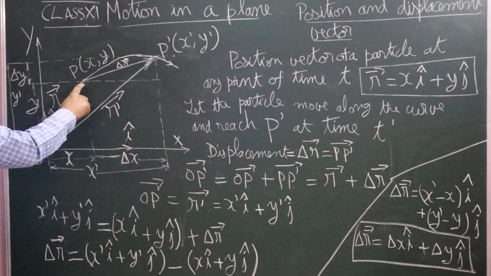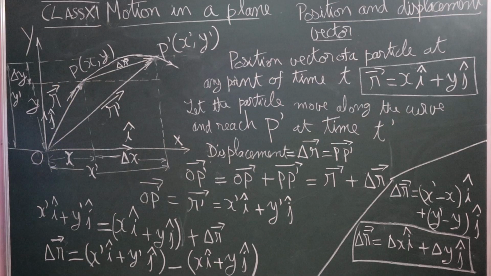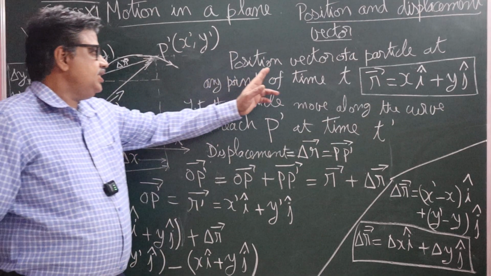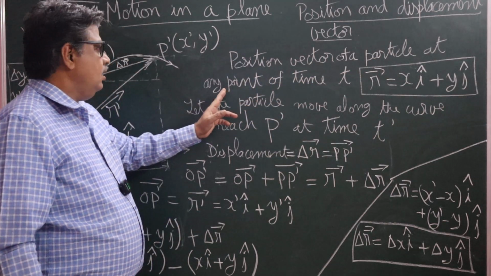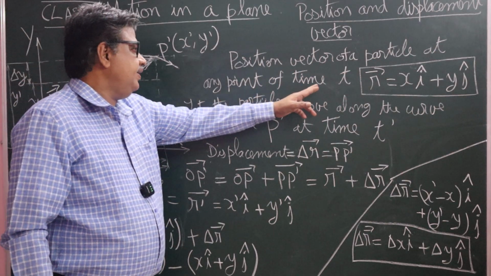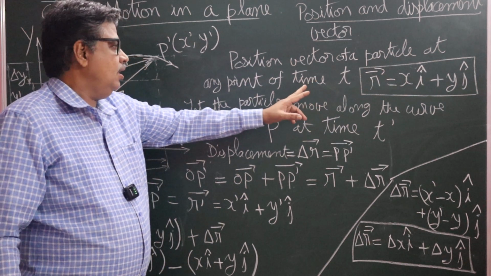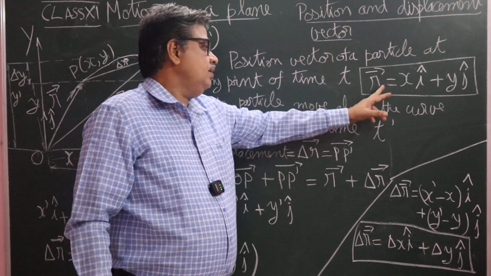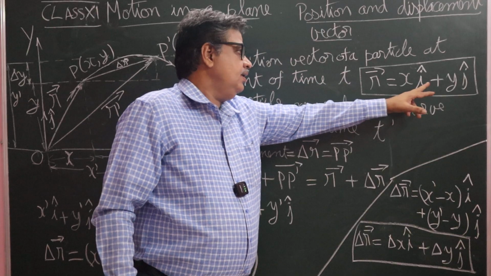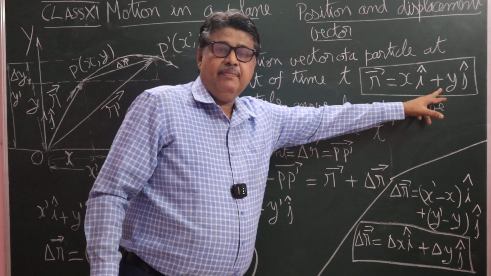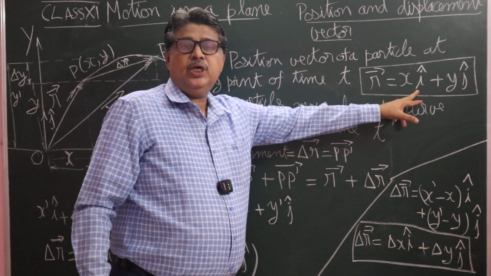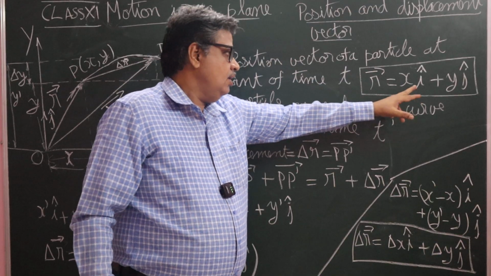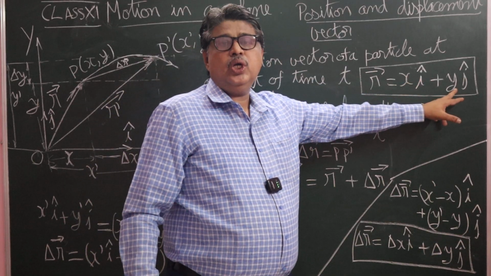Now the particle is at the point P at any point of time t. The position vector of the particle at time t is r vector equal to x I cap plus y j cap. I cap is the unit vector along the x direction, and j cap is the unit vector along the y direction.